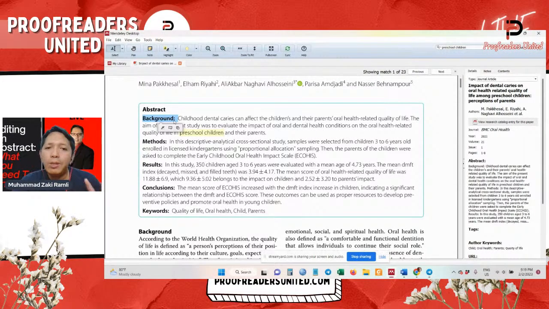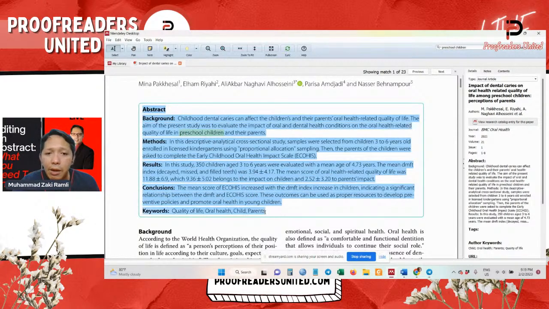So there are pros and cons in writing an abstract this way, like this one that we are seeing now, and also the abstract without any sections.